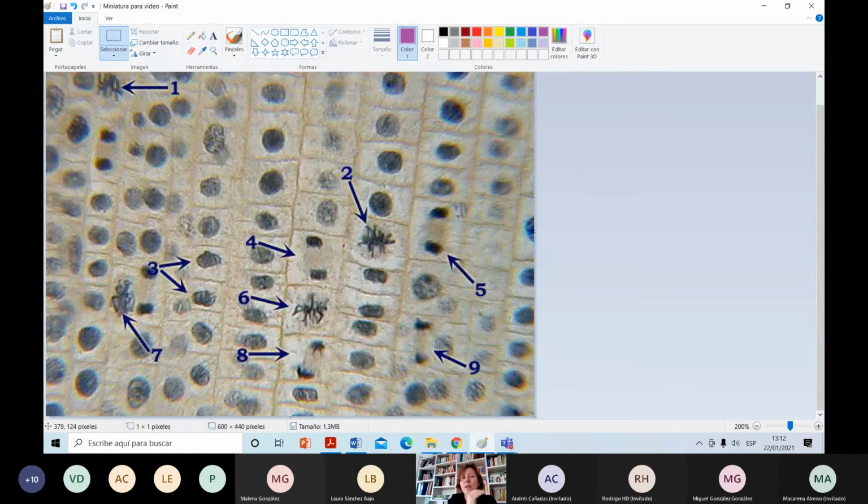So sometimes it's very difficult to say whether my cell is at the end of anaphase or at the beginning of the telophase, because it's a continuous process, okay?